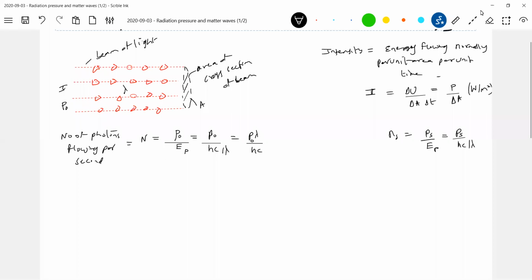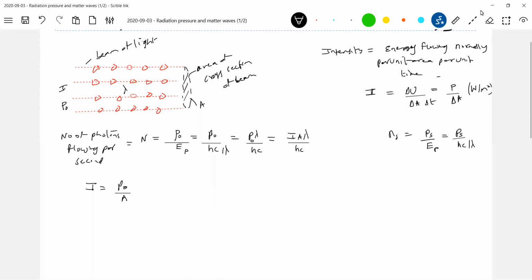Now, what is the intensity of a beam? We define it as power flowing normally per unit area. So I'll write this as n equals I A lambda by hc. This gives the number of photons flowing per second through that area, the area of cross section.